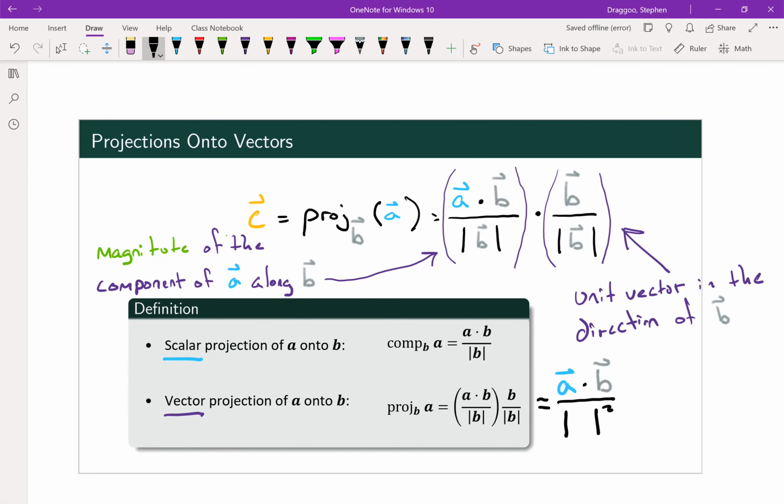So I can call that the magnitude of B squared, if I'm looking to just simplify the calculation. And then that value comes out to just a scalar. Since A dot B is a scalar value, the magnitude of B squared is also a scalar because they're just numbers. And so I'm going to multiply that into the vector B. So in the end, we can see that the vector projection actually does come out to a vector because it's just a number times the vector B.